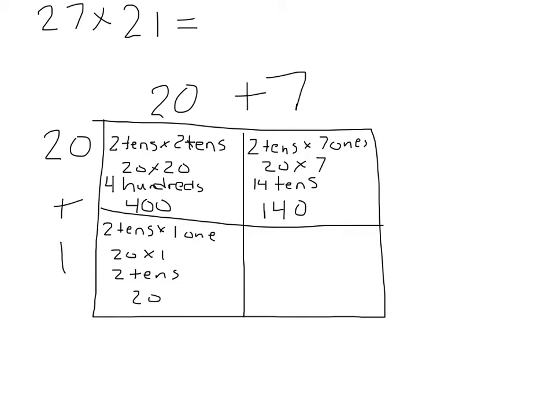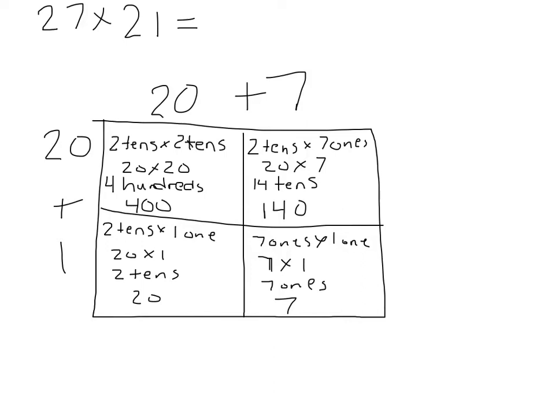The last box I'm going to multiply is 7 ones times 1 one, and that's the same as 7 times 1, or 7 ones, or just 7.